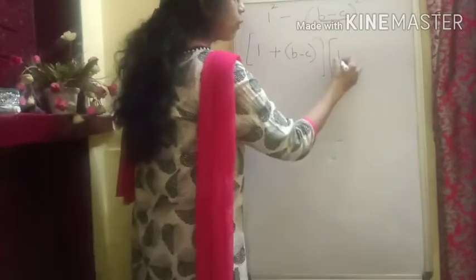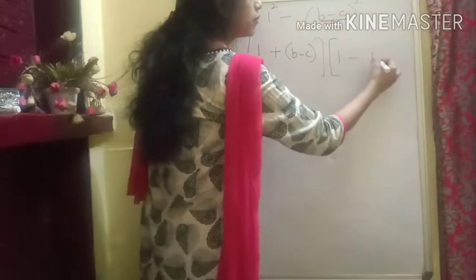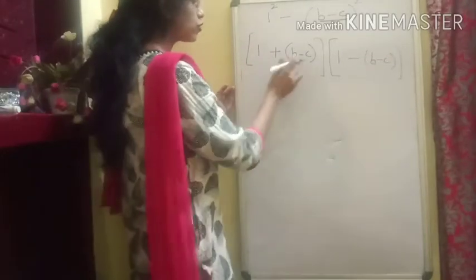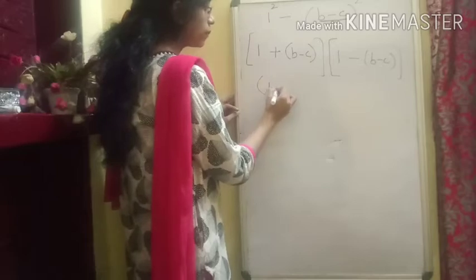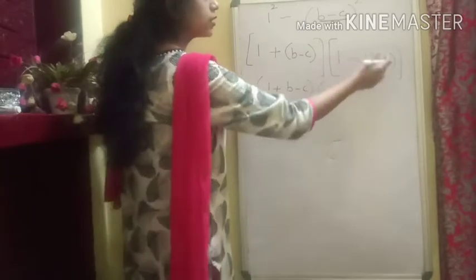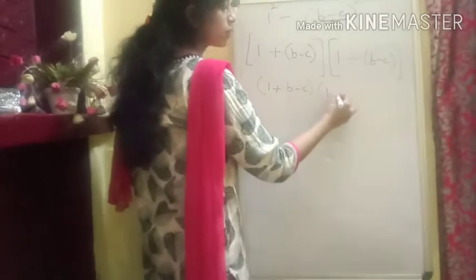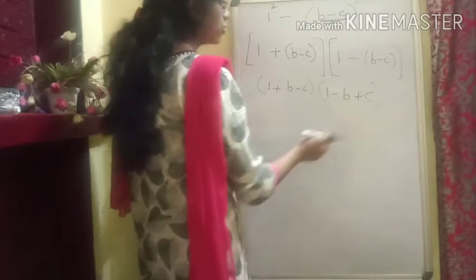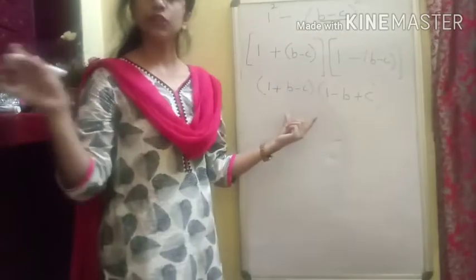A is again our 1 minus what is our b? This whole thing, that is b minus c. Okay, now since we have written, nothing to do, just open the bracket and simplify, or you can write it like 1 plus, when you open the bracket, that will be simply b minus c. Here in this 1, when you open this bracket with minus sign, the signs will change, that is minus b minus minus plus and then c. So this is your answer, and that's how you have factorized this given question.